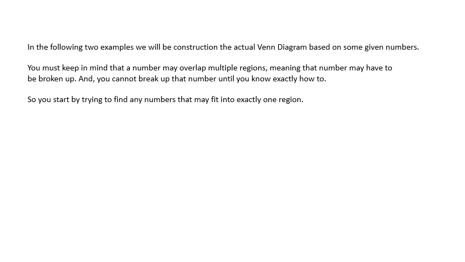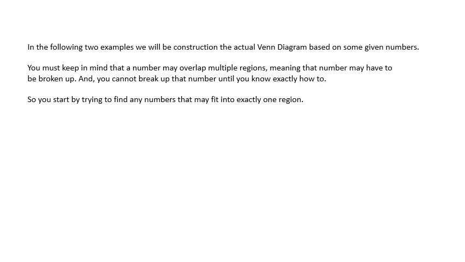In the following two examples, we will be constructing the Venn diagram based upon some given numbers. You must keep in mind that a number may overlap multiple regions, meaning that number may have to be broken up, and you cannot break up that number until you know exactly how to. So when you're given a number, you just can't necessarily place it somewhere because it might belong to multiple regions.